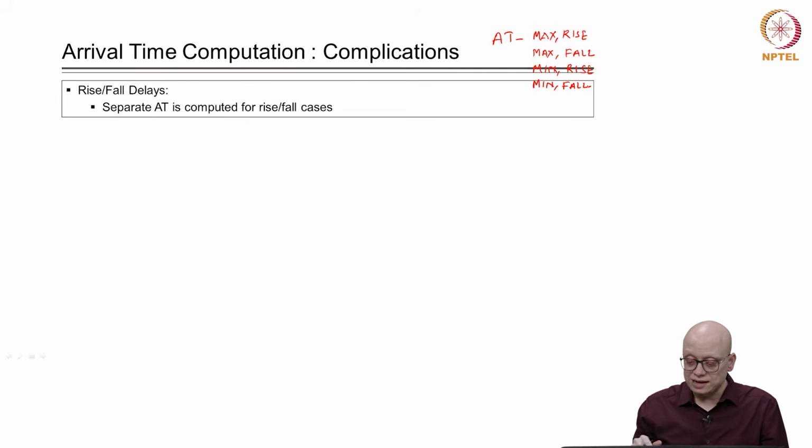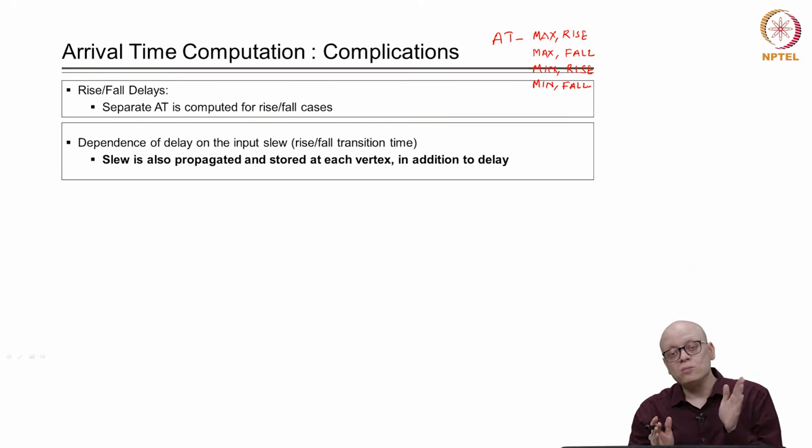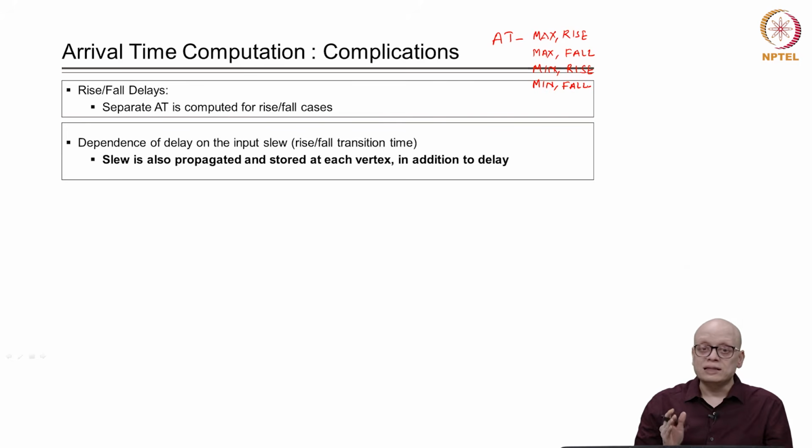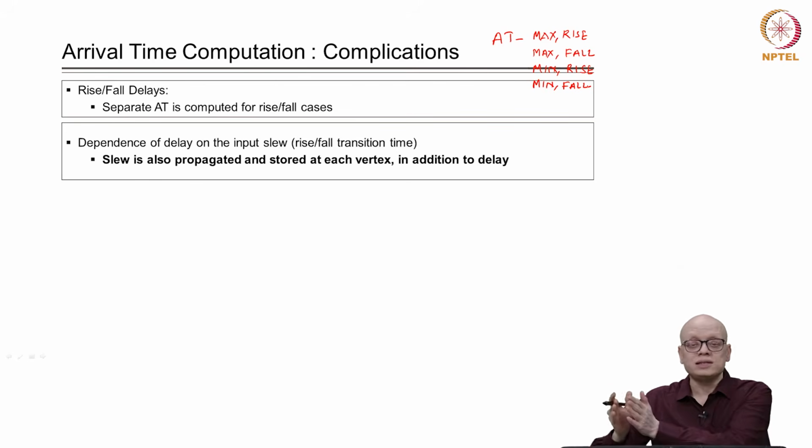So, this is an added complication that we need to consider when computing the arrival times. And another important thing is that when we do delay calculation, we need to know the slew of the incoming waveform. That means we have to also store the slew at each of the vertices in our timing graph, then only we can compute the delay of the subsequent stages in the fan out.